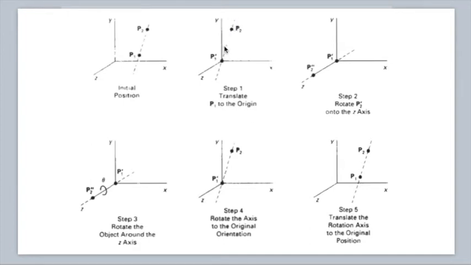So what you do is, first you rotate it about the x-axis so that it is in the xz plane. So this is our xz plane, and you rotate it to the xz plane.